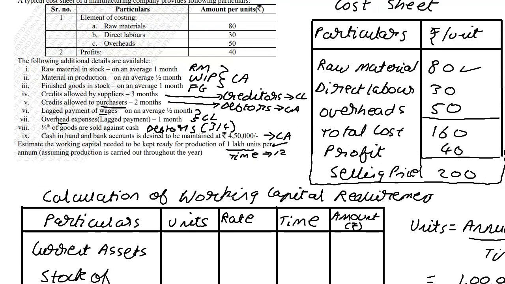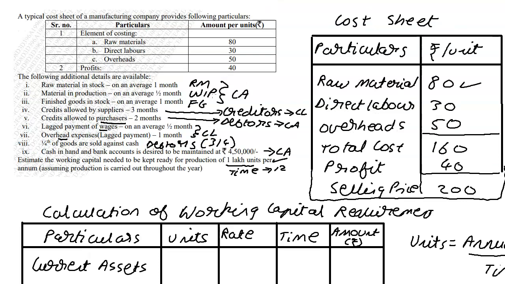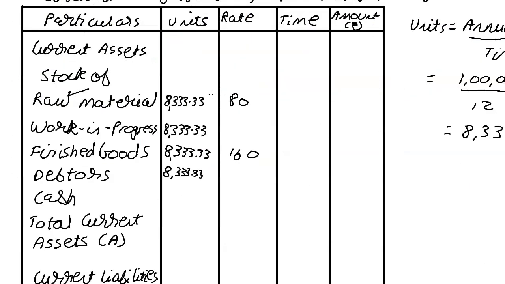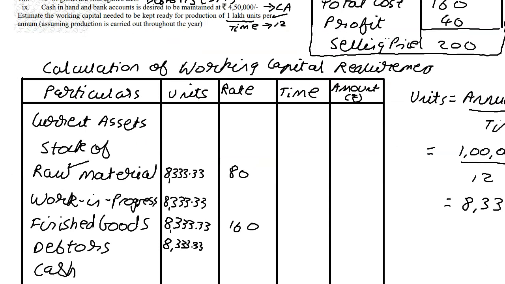Have they told us how to value the debtors? So they've only said that credit allowed to purchasers is 2 months. Assume production is carried out evenly throughout the year. Nowhere have they said at what value to keep for debtors. If they don't tell you anything, take it at selling price. That's why I'm going to stick to this and place 200 over here.